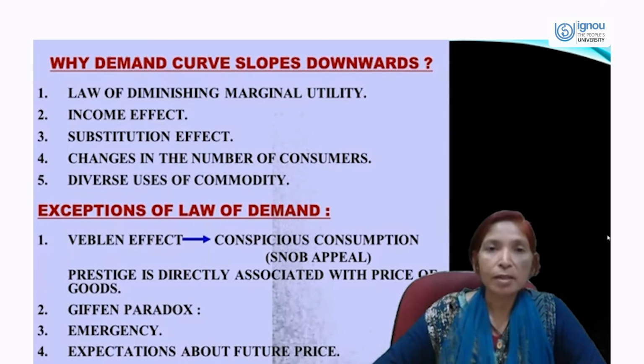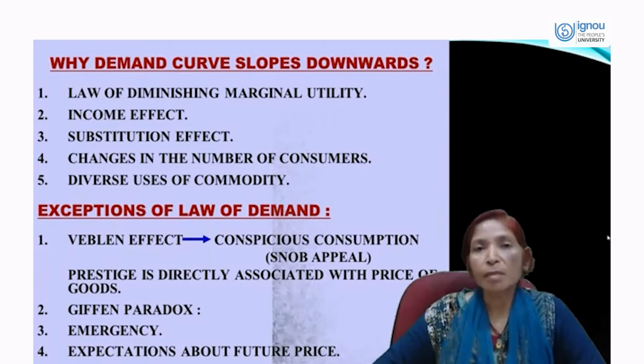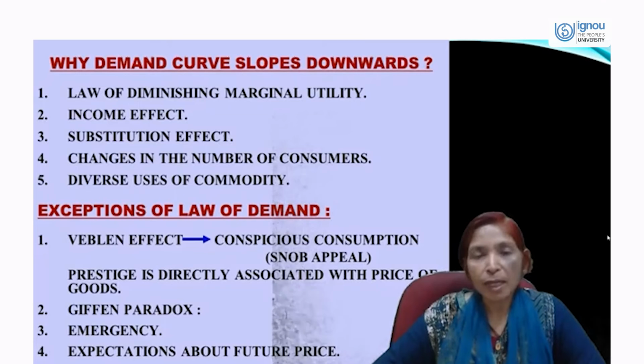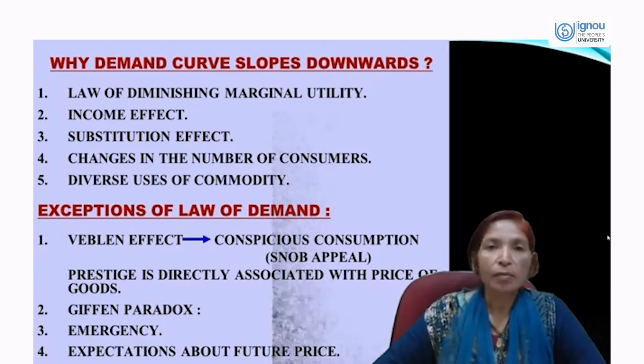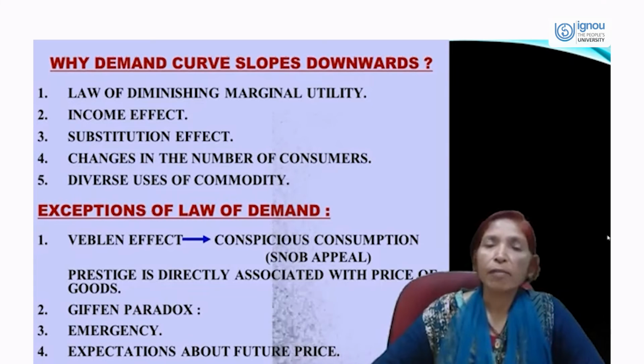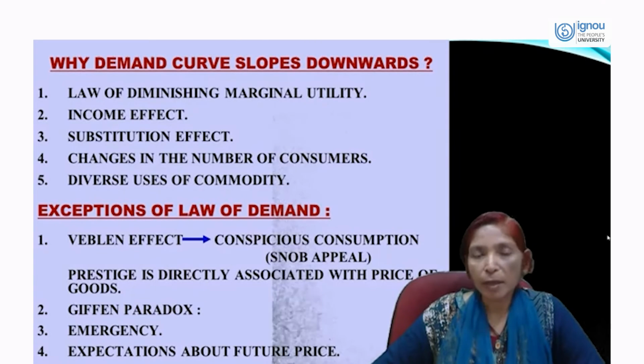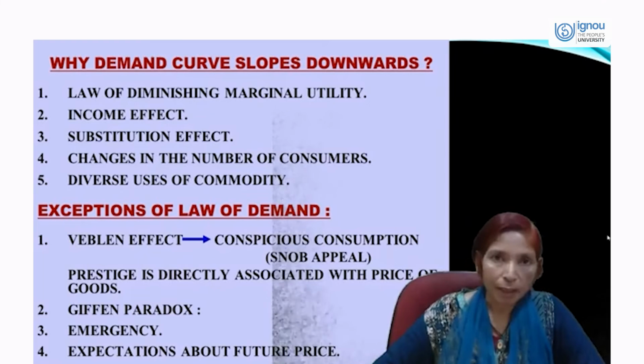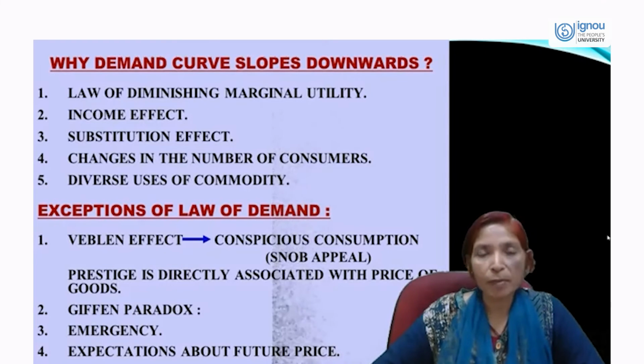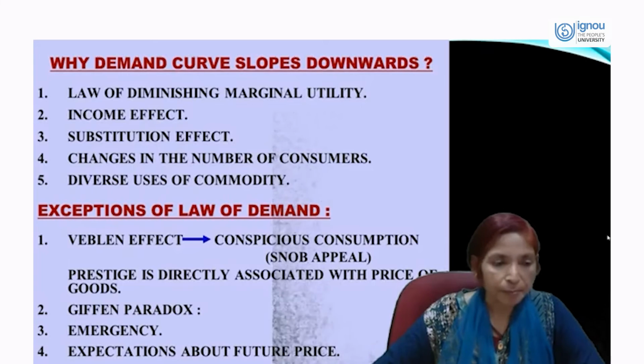When the price of Giffen goods rises, then the prices of superior commodities will rise multiplied. With the rise in price of superior goods, the consumer will not be able to afford those products, so of necessity the consumer will buy the given products at a higher price, and demand less of the given products at a lower price. So there is a positive relationship between the price of given goods and the demand for given goods.